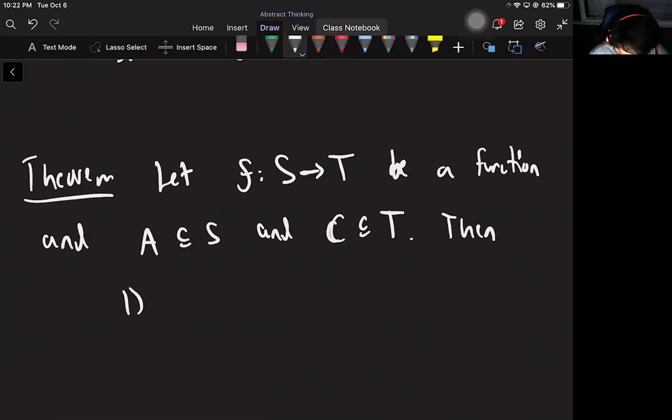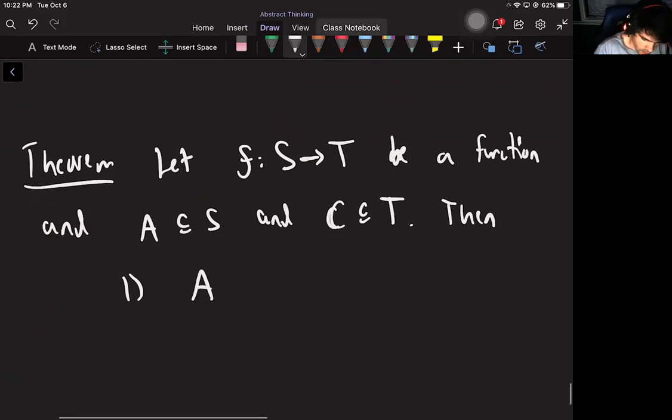So where does A live? A lives in S. What happens if I look at the image of A? Where does that live? That lives in T, because I've sent A over. So those are not comparable right now. They're in two different places.